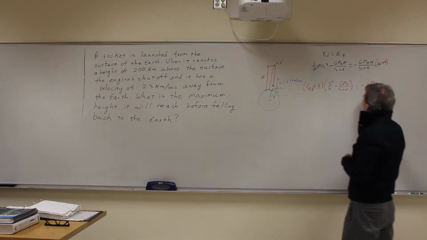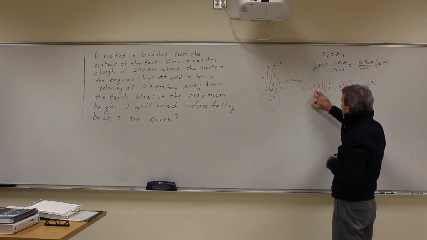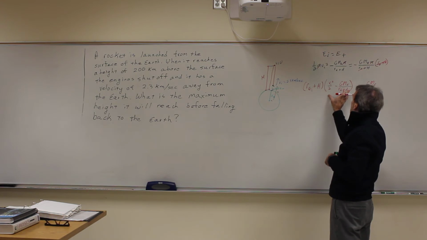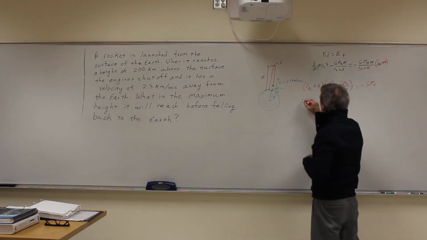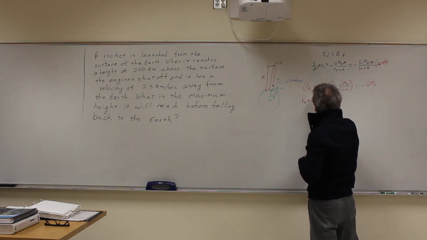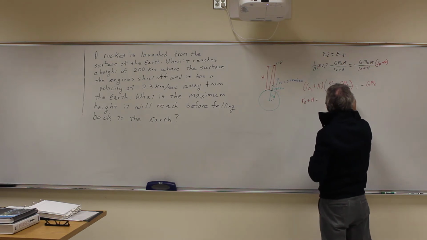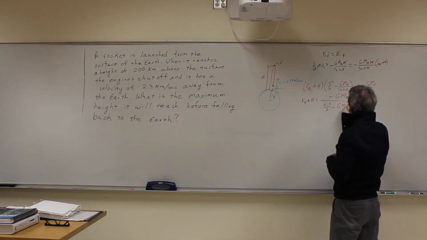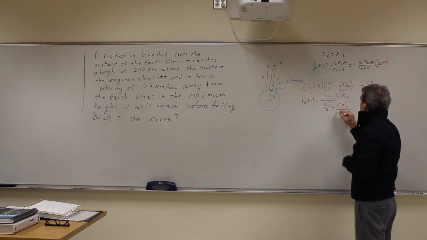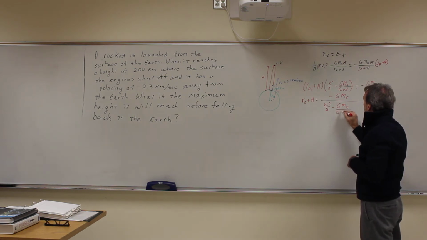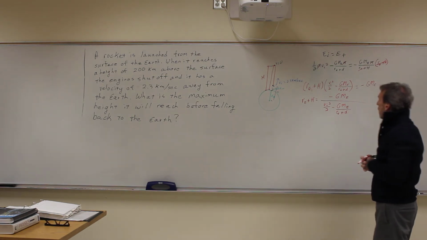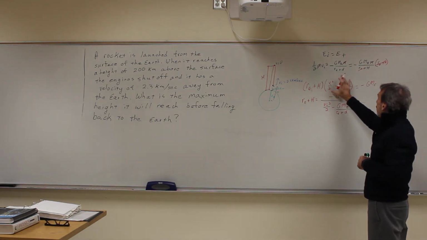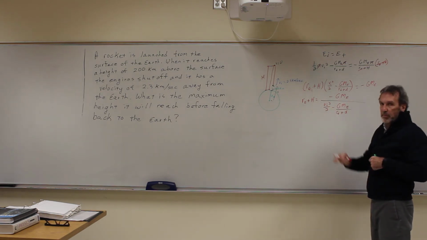Alright, now we're going to solve this for h, right? So the easiest thing to do is we divide by this whole amount here. So this becomes R_e plus h is equal to negative G M_e over v initial squared over 2 minus G M_e over the radius of the Earth plus d. So I've just divided both sides by this term right here to get this by itself.